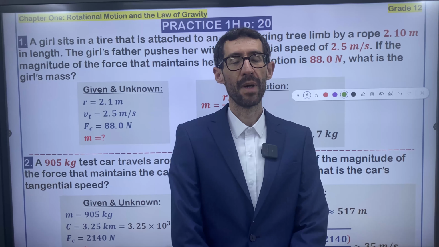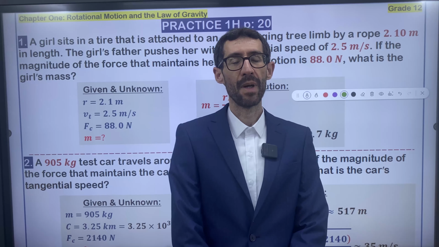It moves around and finishes its path. It returns to its original position.